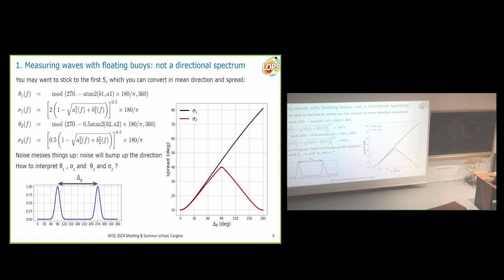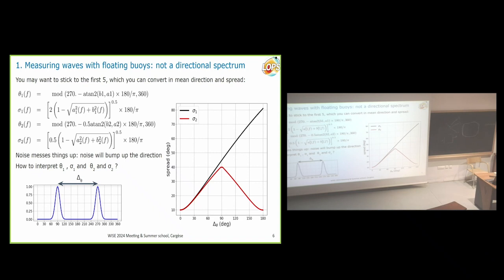What's very interesting is that sigma 2 gets maximum when the two components are 90 degrees from one another. So if you have two narrow peaks that are 90 degrees apart, that's the maximum value you can get from sigma 2. Whereas sigma 1 is maximum when you have the same amount of energy traveling in the opposite direction, right? So that's the difference between sigma 1 and sigma 2.